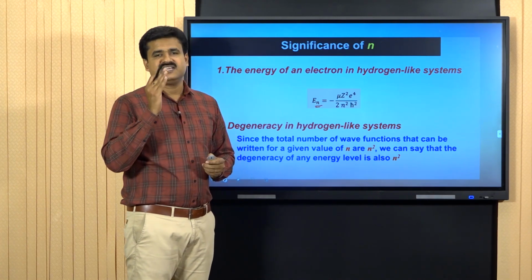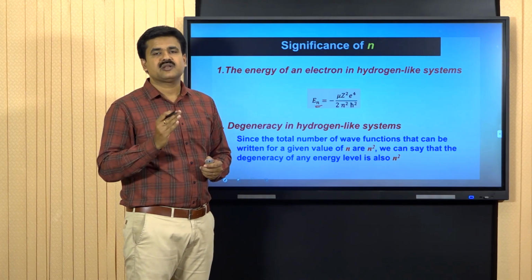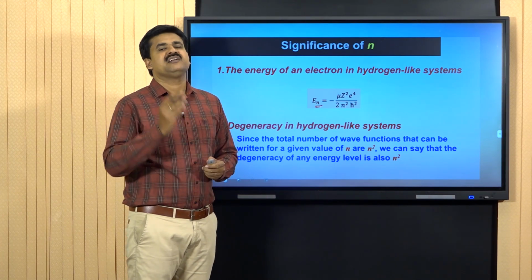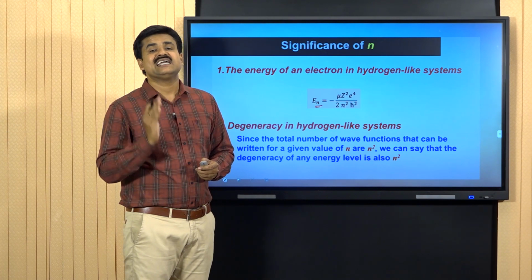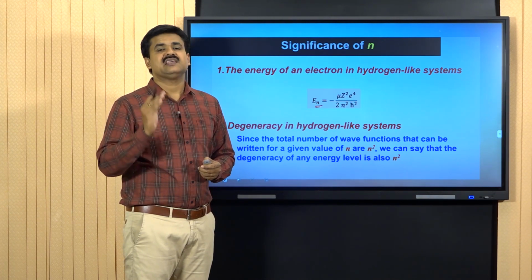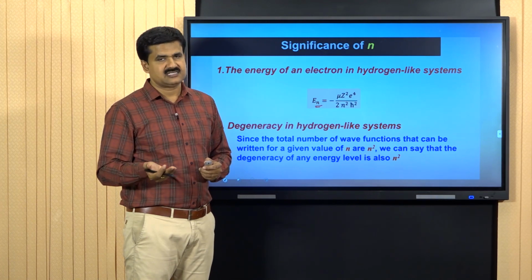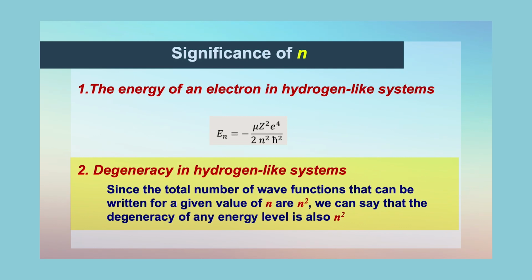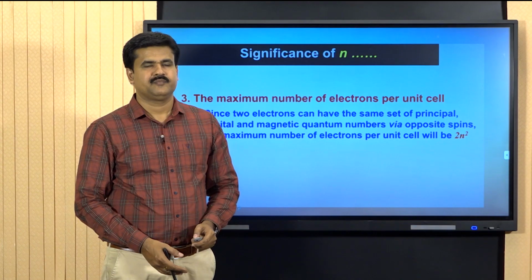So, degeneracy of a particular energy level is equal to n square. Degeneracy of the second energy level, E2, is 4, E3 is 9, like that. That means degeneracy is equal to n square, that is square of the principal quantum number. This is applicable to hydrogen and hydrogen-like systems.